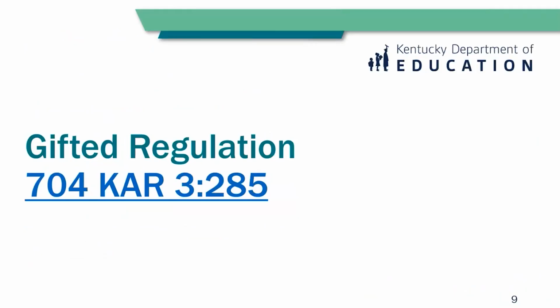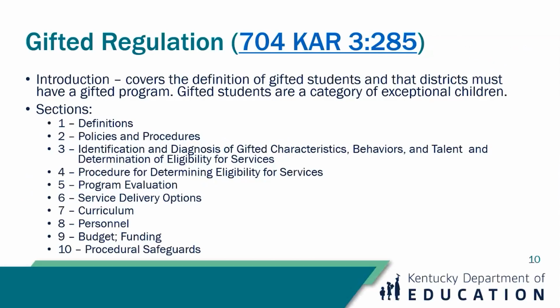Let's next talk about the gifted regulation. The gifted regulation, or Kentucky Administrative Regulation, KAR, is 704 KAR 3:285. So the gifted regulation has several sections. The first section is an introduction, and it covers the definition of gifted students and that districts must have a gifted program.